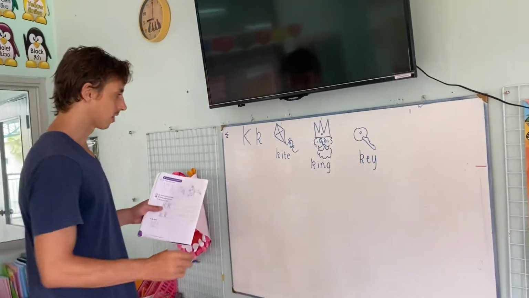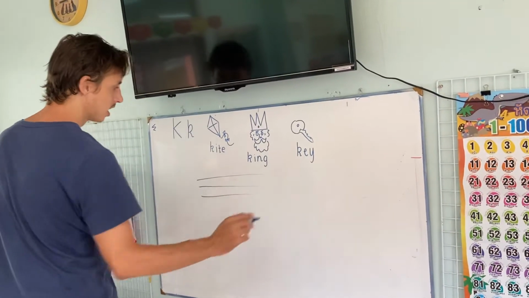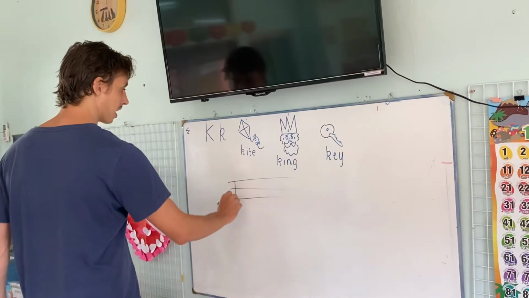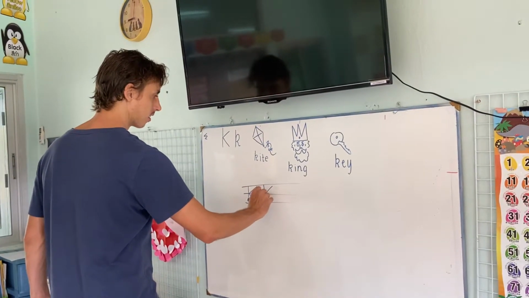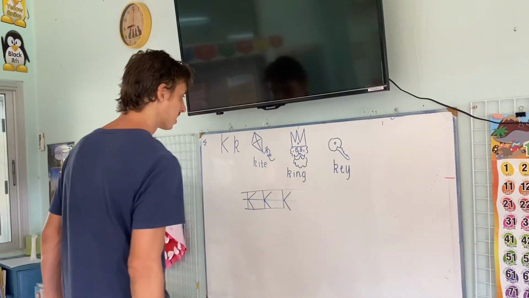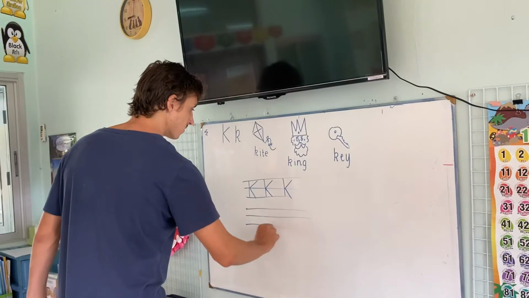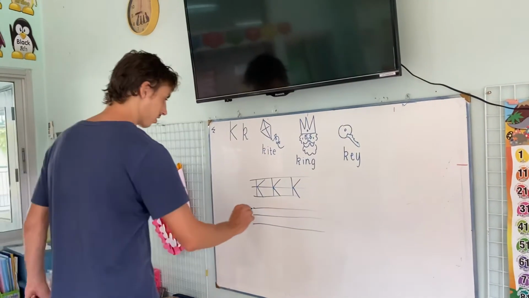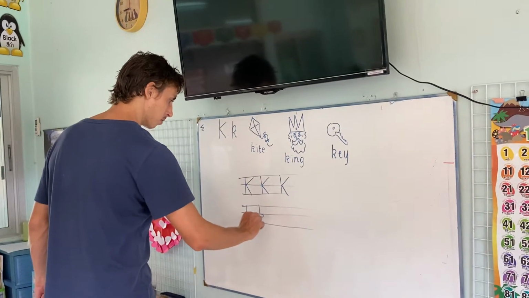Okay, and then here, of course, you have our 3 lines, 1, 2, 3, and you write K, big K, like that. Okay, like that, and then small K, like this.